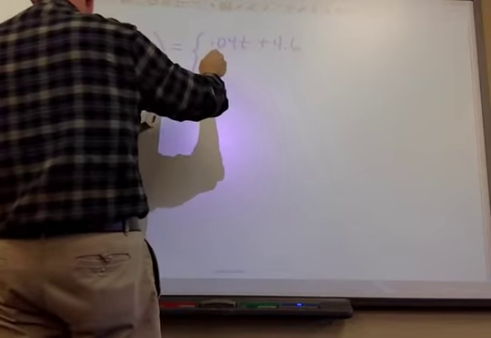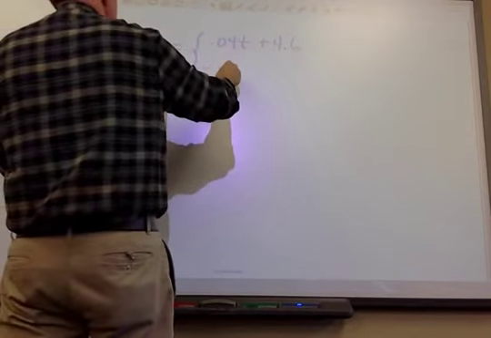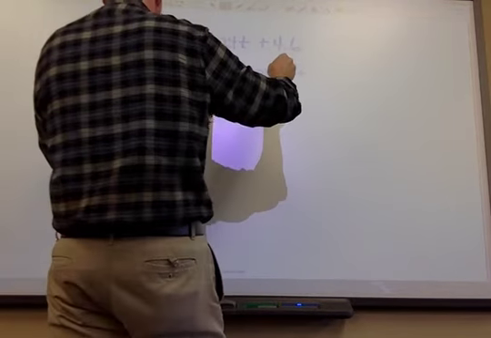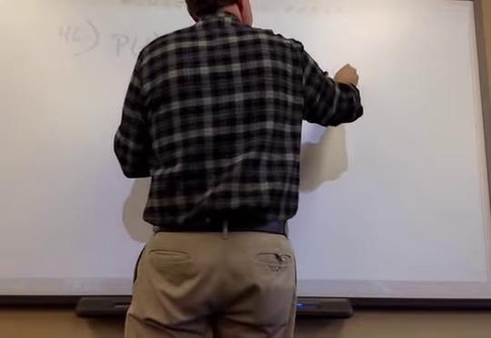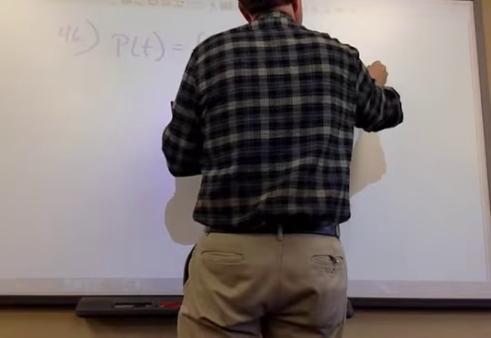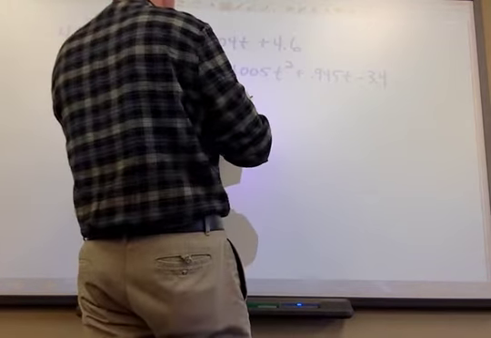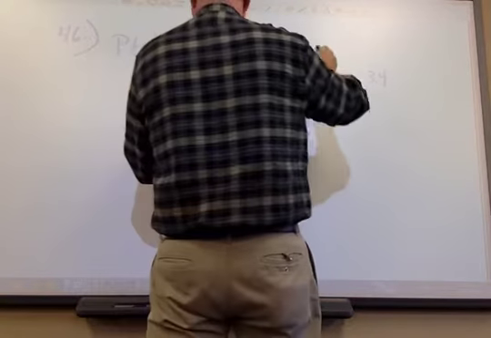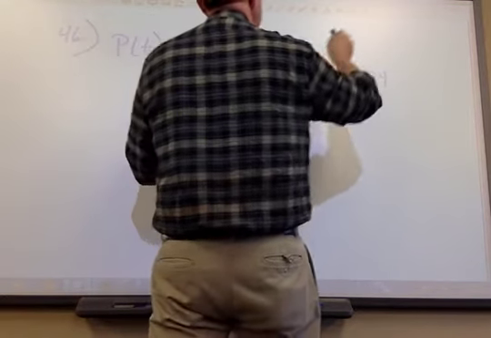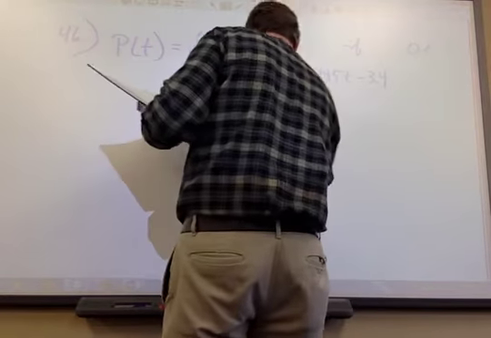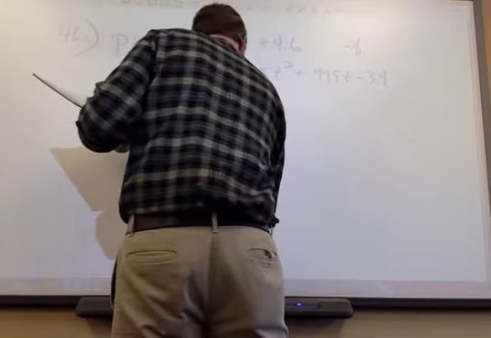and negative 0.005 t squared plus 0.945 t minus 3.4. The first branch, the first piece of it is good for t between 0 and 2. No, it's good for 0 and 10. If t is between 0 and 10, better.